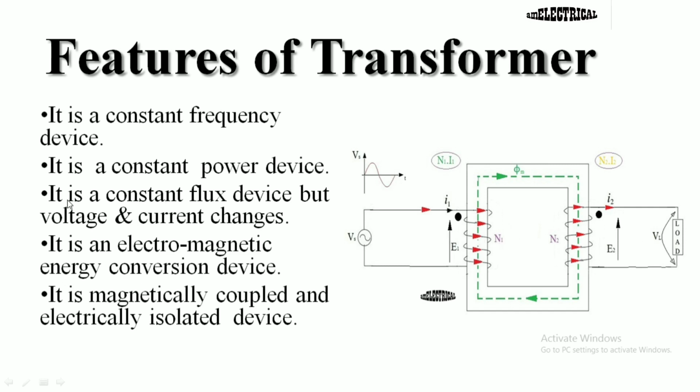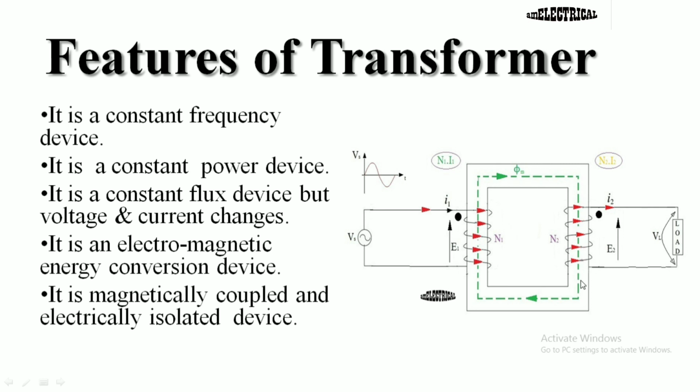The third point is it is a constant flux device, but voltage and current change. See here, constant flux. That means the phi m, the flux which is confined to this magnetic core, is fixed.